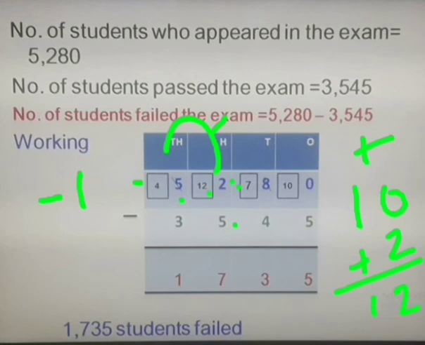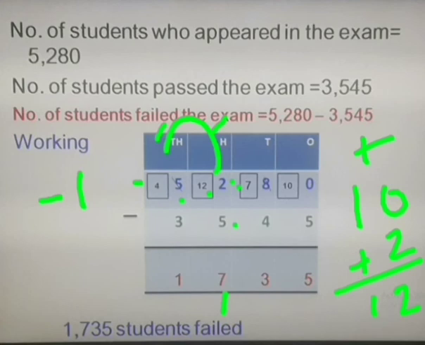Now children, can we subtract 5 from 12? Yes. Now we can subtract 5 from 12. So 12 minus 5 is 7. So we write 7 in the hundreds column. Now children, see the thousands column.